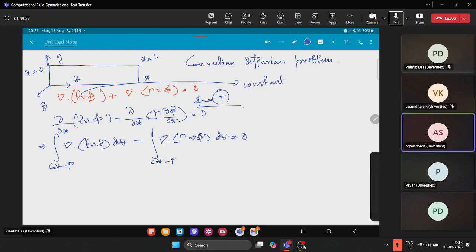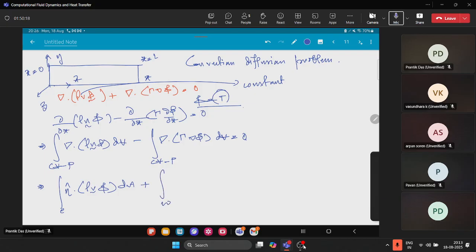Yes, sir. Okay, so this I can convert into a surface integral: n cap dot rho V phi dA. V is a vector which I can consider to be a constant itself, that I will discuss when I tell you the problem which you have to solve.